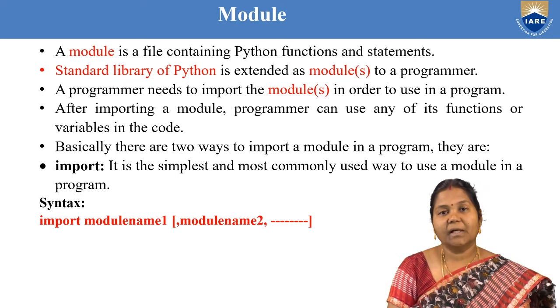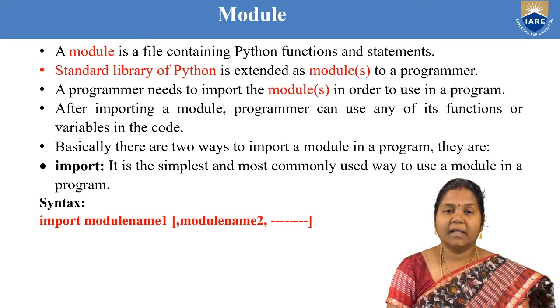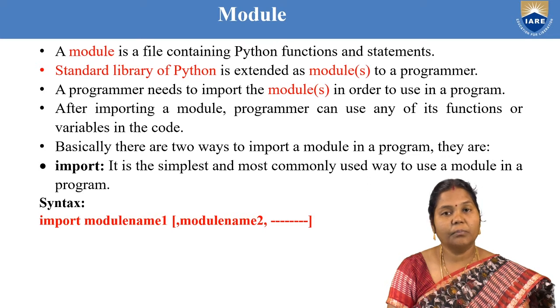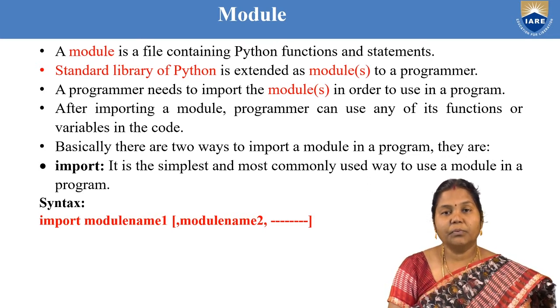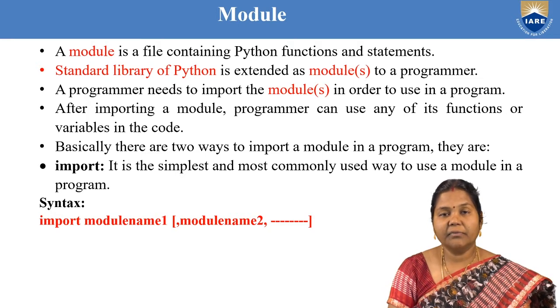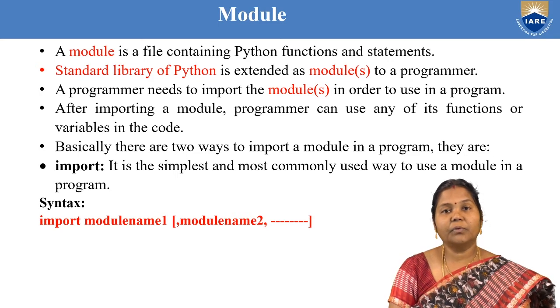One is using the import keyword. Second, a particular function can be imported using the from keyword. So, let us see today how to import a module and the different ways of importing functions from a particular module. The first way is the import keyword.